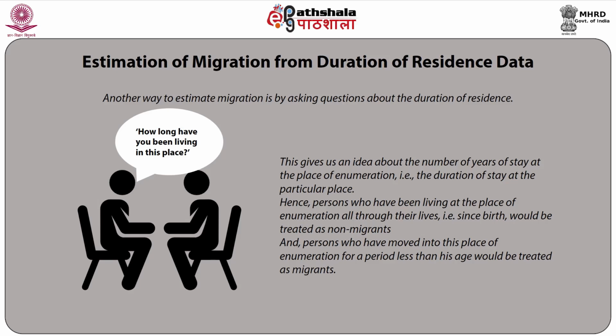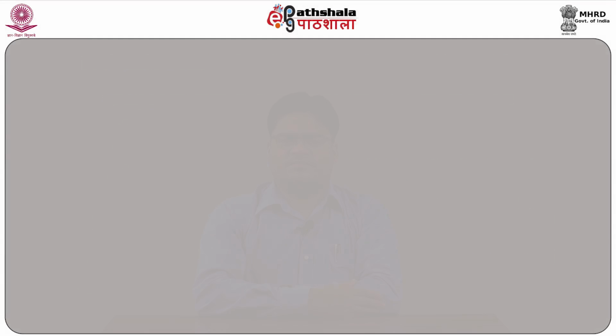Hence, persons who have been living at the place of enumeration all through their lives, that means since birth, would be treated as non-migrants, and persons who have moved into this place of enumeration for a period less than their age would be treated as migrants.